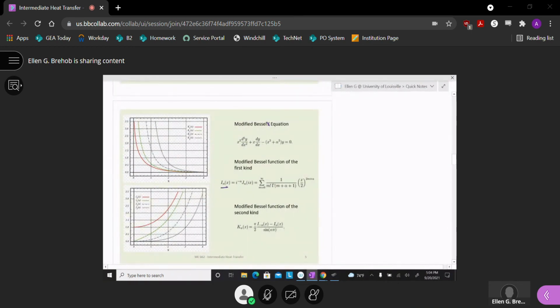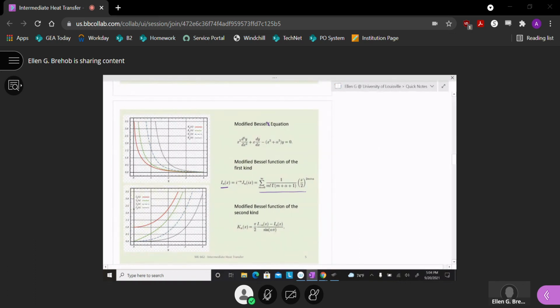Okay, and we had an I for our modified Bessel function of the first kind, and here's our definition. And again, it's this summation. You don't often have to do infinite series, but you do have to wait till it converges. And you can see that these have a significantly different trend.